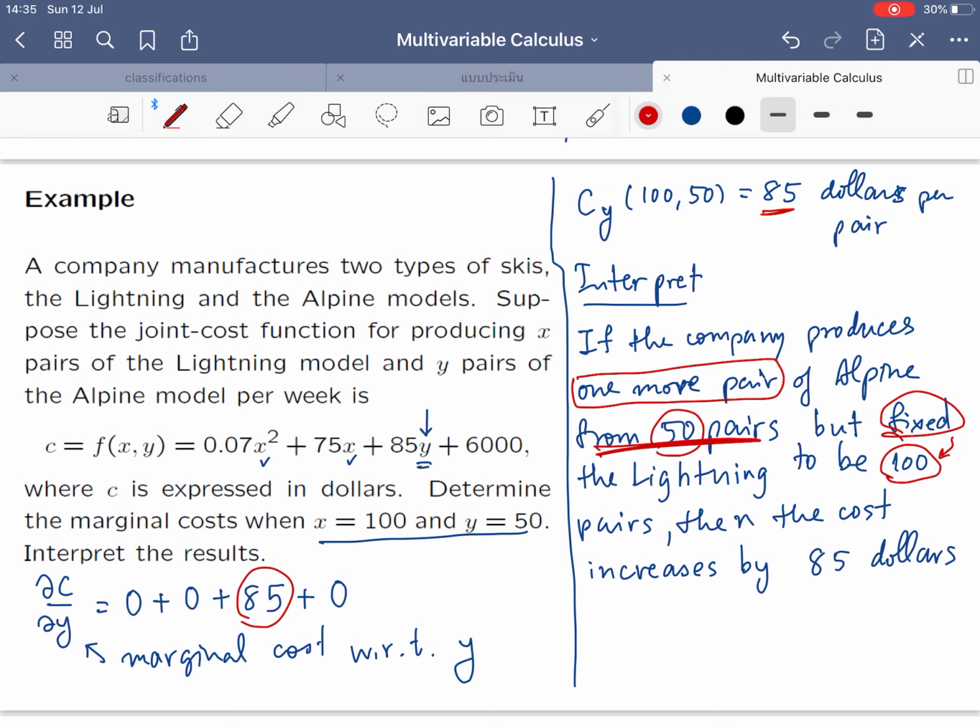You see, the first variable is fixed, then this one either increases or decreases by how much, so this is the simple way to give the interpretation. It's just a longer way than what you have done before the midterm exam.